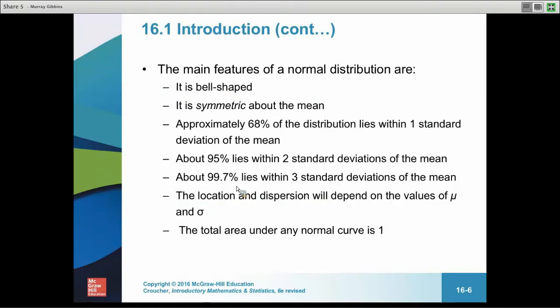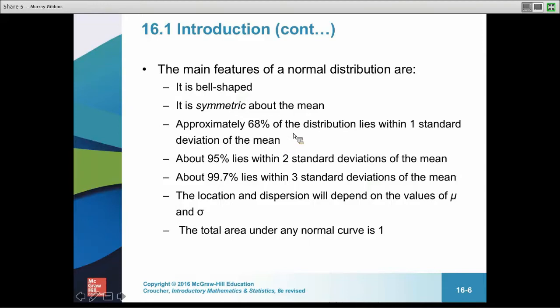What they've discovered is they've looked at the relationship between the mean and the standard deviation. They've found that no matter what shape the distribution is, whether it's a flat curve or a steep curve, 68% of the population would be within 1 standard deviation above and below the mean.